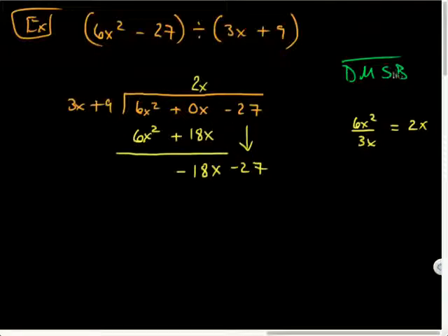So now I brought down. So now I'm back to divide. What am I dividing? I've got lots of options here. Negative 18x and 3x. Right, leading term by leading term. So negative 18x divided by 3x. Negative 6. Because the x's cancel out. 18 divided by 3.